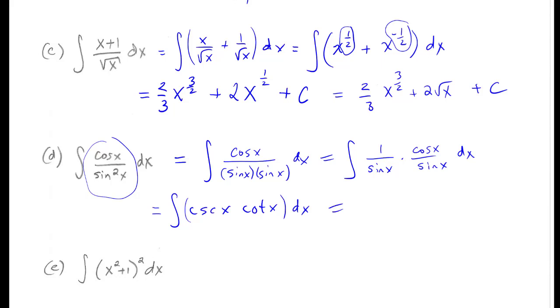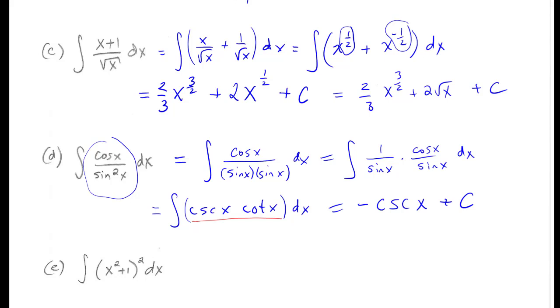Is this something that I recognize as a derivative? You know, with constants or negative signs possibly added. Yes. Cosecant cotan is basically the derivative of cosecant x, but it lacks the minus, so I need the minus there, and I get plus c.